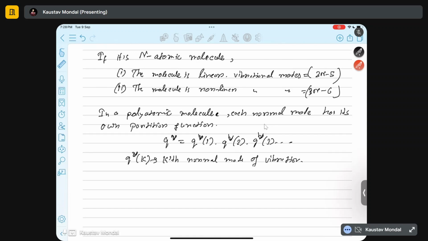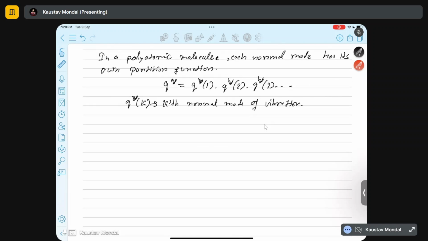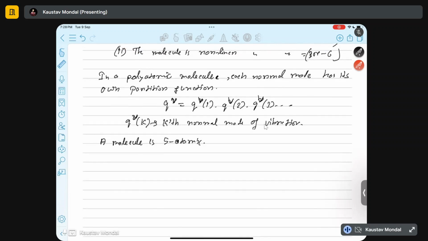So now, let's suppose a molecule is 5-atomic and non-linear.